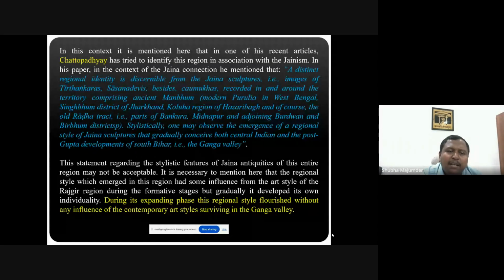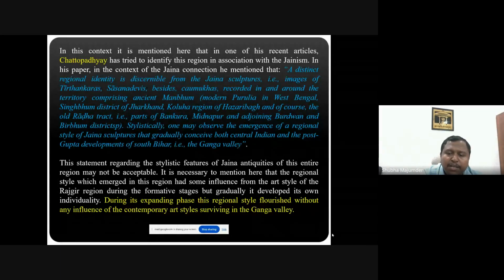In his paper, in the context of the Jaina connection, he mentioned that a distinct regional identity is discernible from the Jaina sculpture, that is the image of the Tirthankara, Shashana Devis beside the Chomukha, recorded in and around the territory comprising the ancient Manbhum, the modern Purulia in West Bengal, Singhbhum district in Jharkhand, and Kolwa region in Hazaribagh, and of course the old Rarh tract, that is the part of Bankura, Medinipur and adjoining Bardhaman and Birbhum districts of West Bengal.